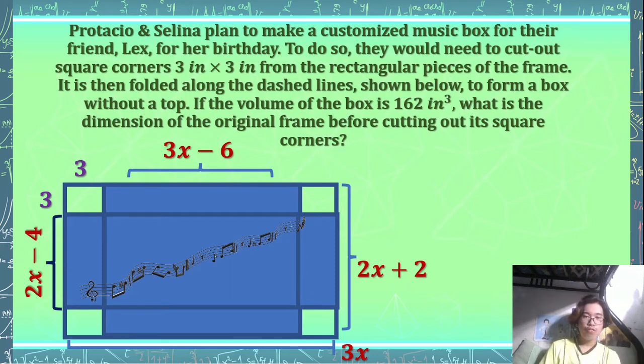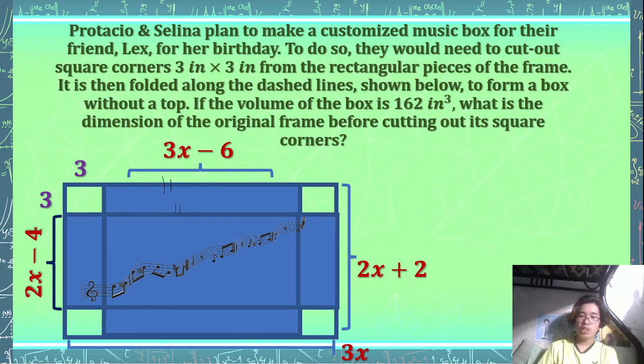It is then folded along the dashed lines that we have here, the blue lines, and shown below to form a box without the top. It's kind of like creating a gift box without the top. If the volume of the box is equal to 162 cubic inches, what is the dimension of the original frame before cutting out its corners?